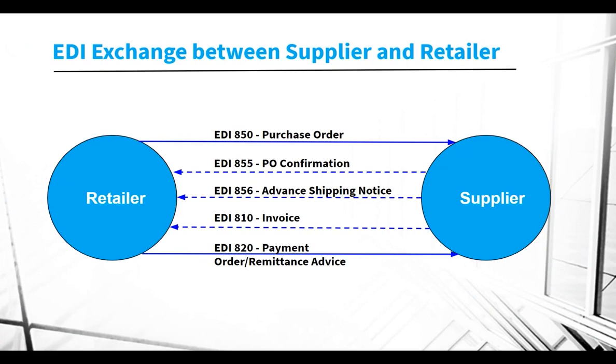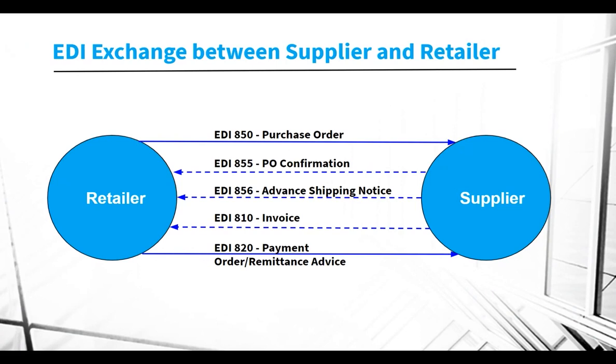Whenever a retailer wants to buy some product, let's say Walmart wants to buy jackets from a supplier, it will send an EDI 850 purchase order saying I want to buy the specific product in these quantities. Once the supplier receives the purchase order, it will send a purchase order confirmation.